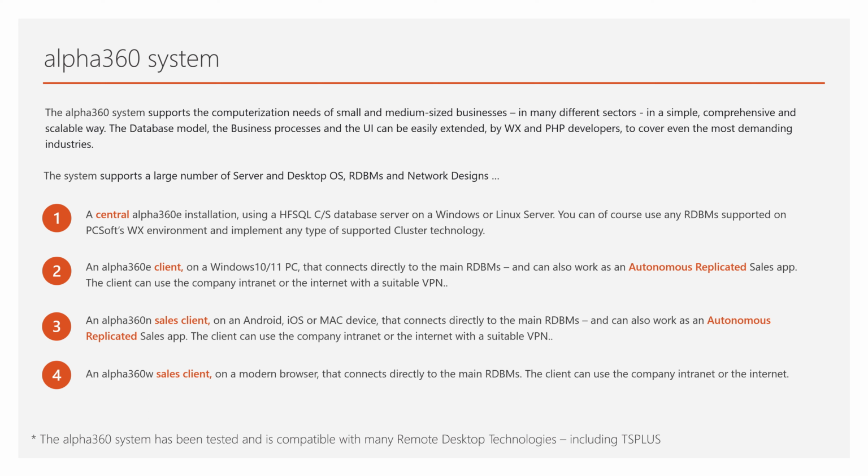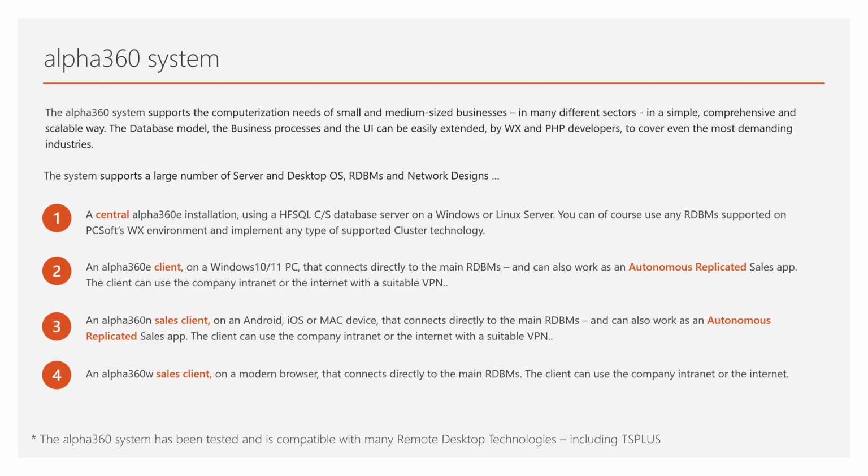The database model, the business processes, and the user interface can be easily extended by WX and PHP developers to cover even the most demanding industries. The system supports a large number of server and desktop operating systems, databases, and network designs.